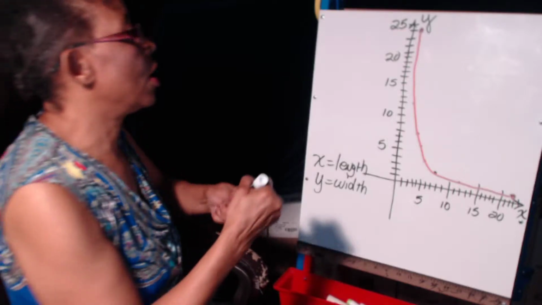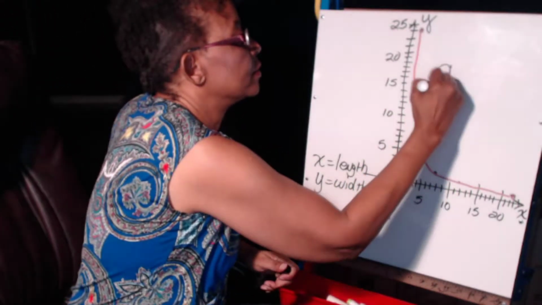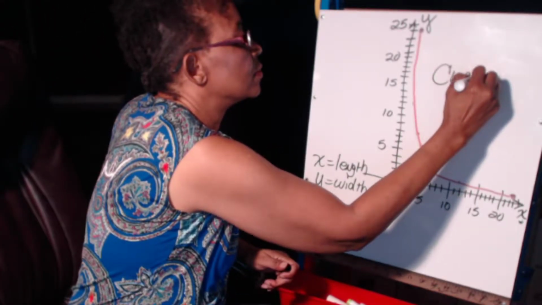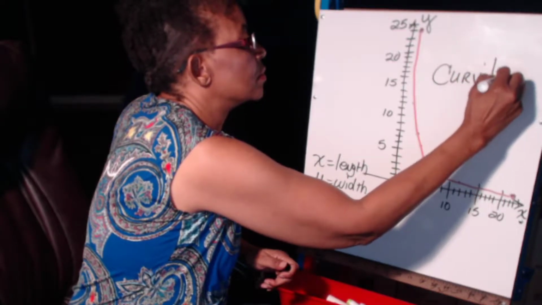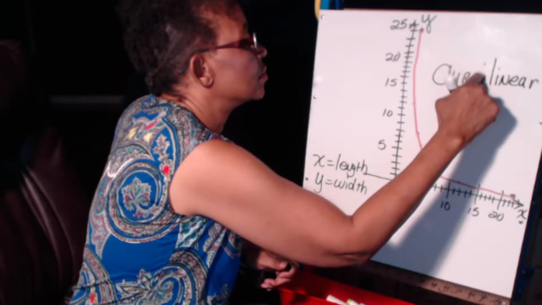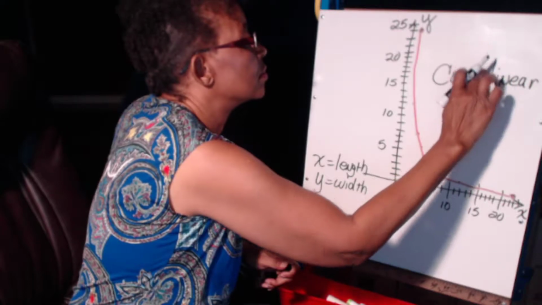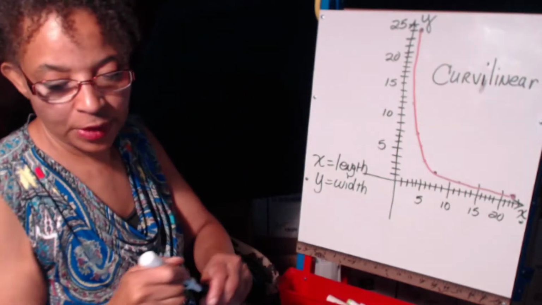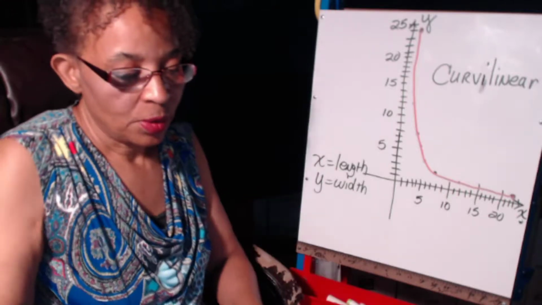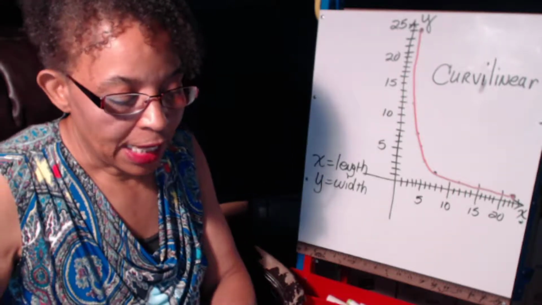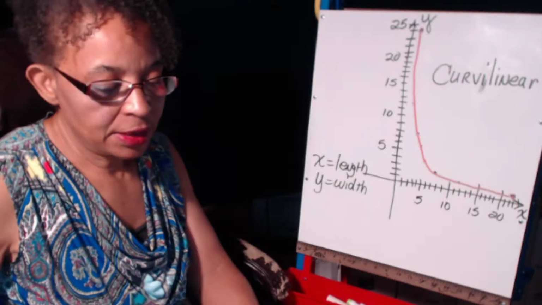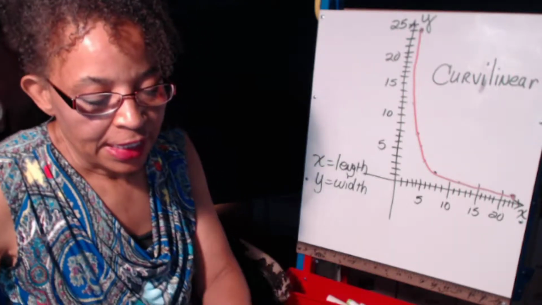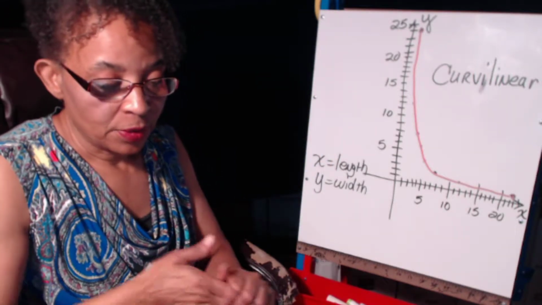So this is called curvilinear. Okay? So that's what the graph would look like. Now they ask you to make connections on your graph, if it makes sense to do so. Well, should we connect the points?